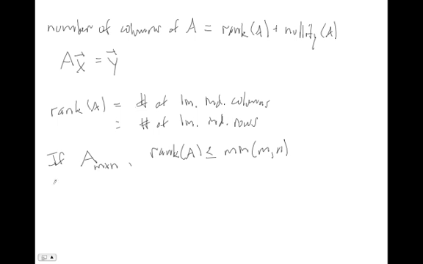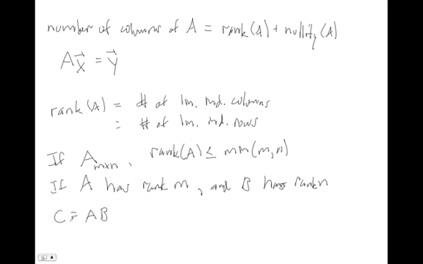There's another interesting thing about rank that we should keep in mind. So if A has rank m and B has rank n, so I have two matrices, A and matrix B, and this has rank m and this has rank n, and I'm looking at this multiplication, C is equal to A times B. Okay, so I'm making a new matrix.